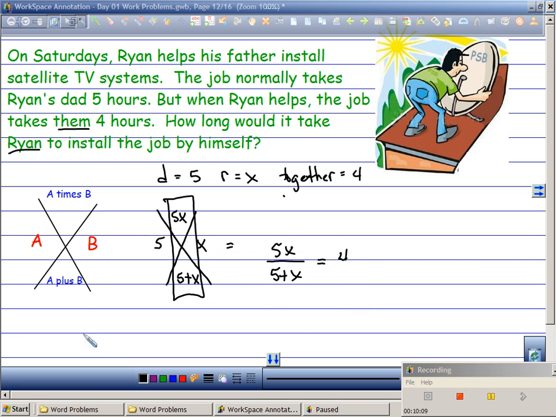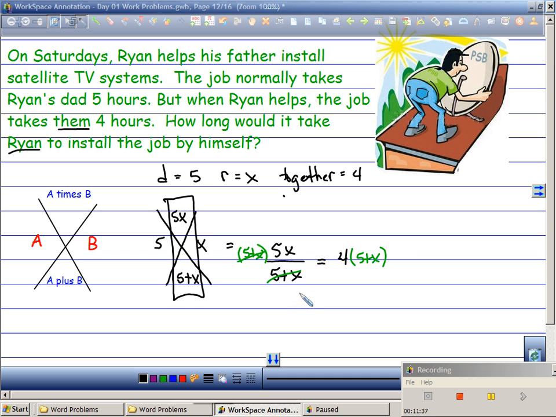How do I solve these? Multiply by the denominator, right? Clear the denominator. What's my common denominator here? 5 plus x. So I'm going to multiply both sides by 5 plus x, which is a pretty easy problem, right?